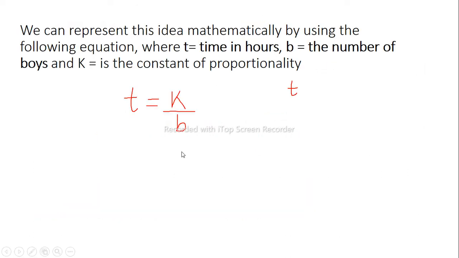Yeah, so T is going to be equal to the time in hours. All right, and the time in hours is how long does it take the guys? 3 hours.